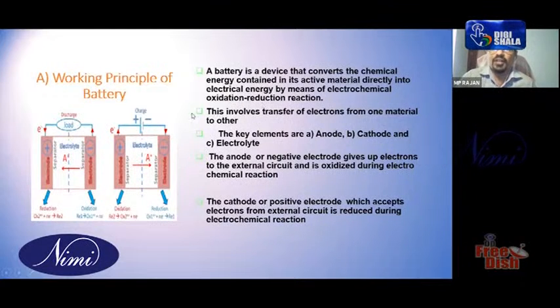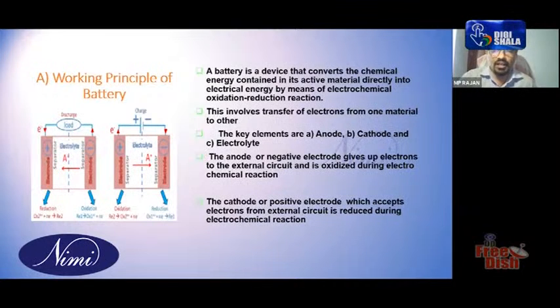It's called oxidation on the negative side, the anode side, where the electrons are being emitted. So like our solar cell, it is a flow of electrons through the load and the battery. In various ways this resembles our solar cell. So you may be recollecting the working principle of a solar cell.